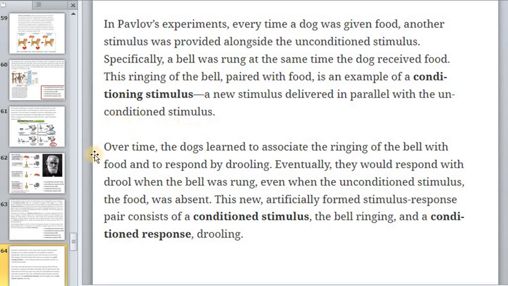Over time the dogs learned to associate the bell with the food and to respond by drooling, and eventually they would drool when the bell was rung, even when the unconditioned stimulus, the food, was absent. This newly formed stimulus-response pair consists of a conditioned stimulus, the bell ring, and a conditioned response, drooling.